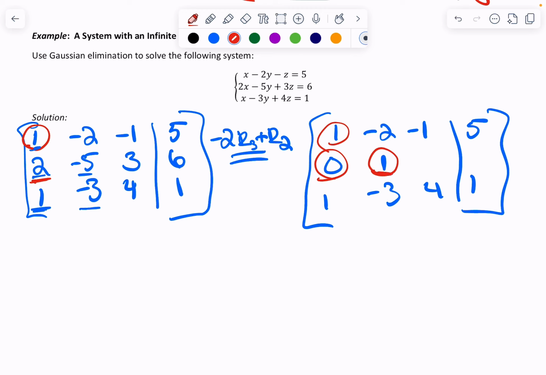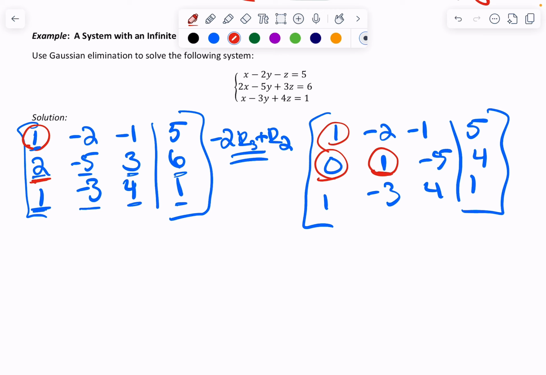So there are a couple of options on how to solve these things. Negative 2 times 4 is negative 8 plus 3 is negative 5. And then negative 2 times 1 is negative 2 plus 6 is a 4.